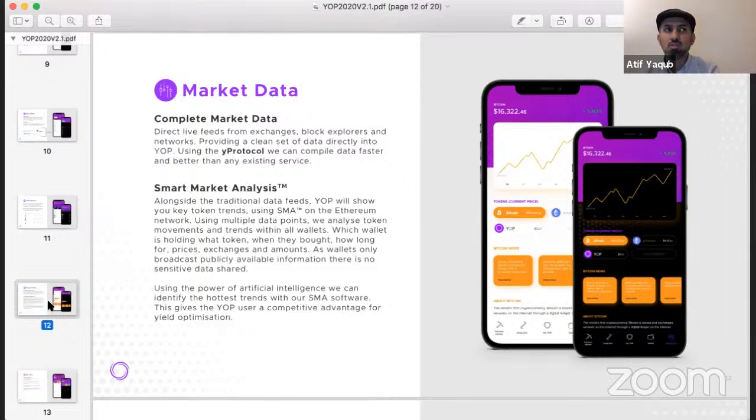Also, the data within the crypto and blockchain space is all open source, so we have the tools of AI, machine learning, and data harvesting to mine this data and present it in a valuable manner to the user, so they can make a much better informed decision.